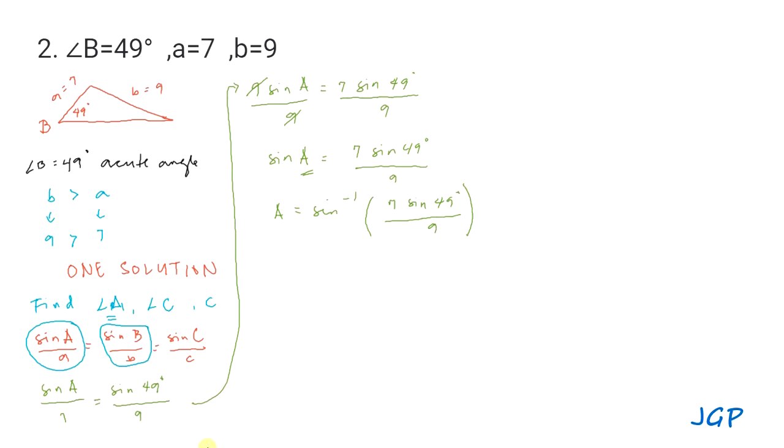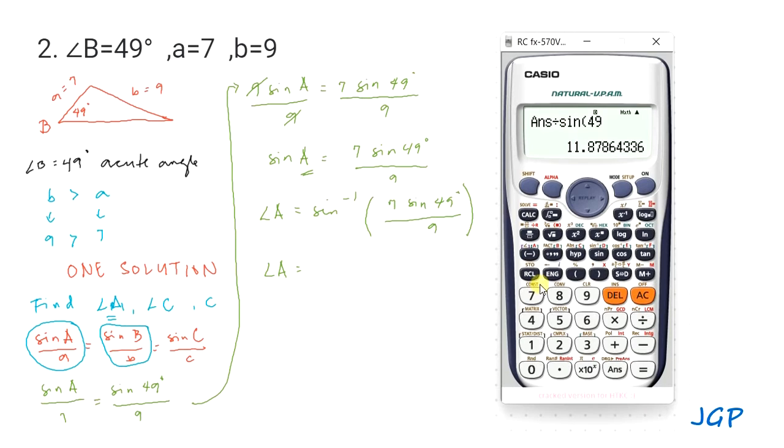Okay, and now, we need our calculator. So, this one is our angle A. So, using our calculator, since that is sine raised to the negative 1, press shift and then sine. So, meron ka ng sine raised to the negative 1. Since we have a fraction, pindutin mo lang ating fraction button and then 7 sine 49 degrees.